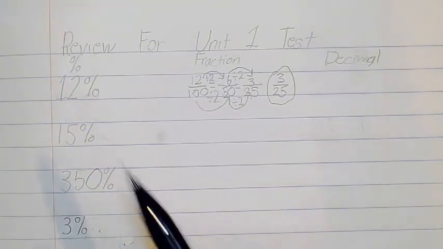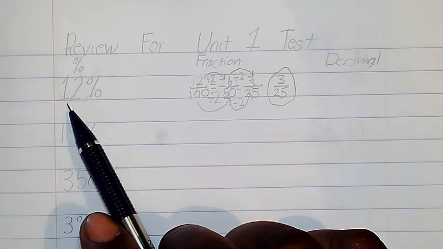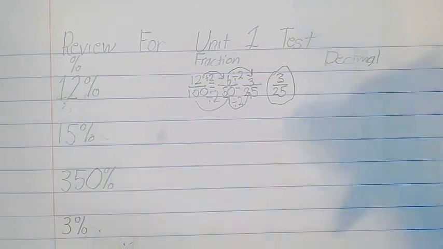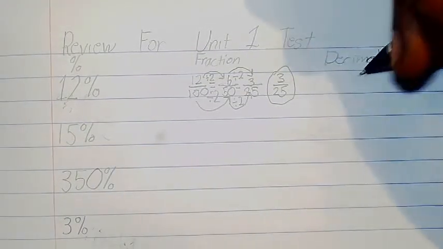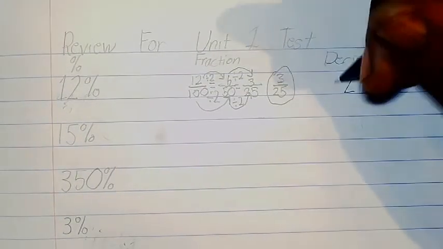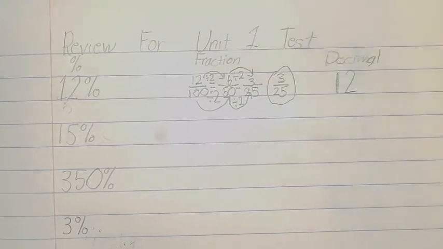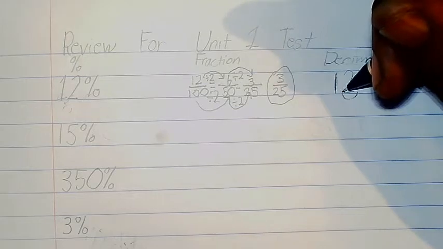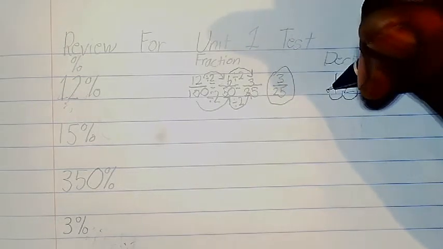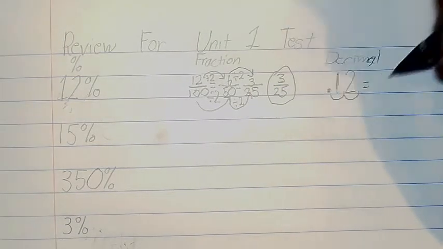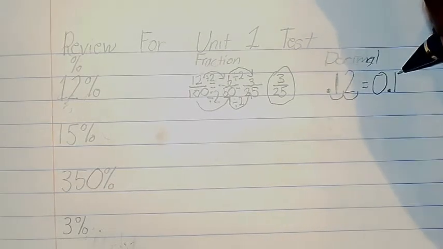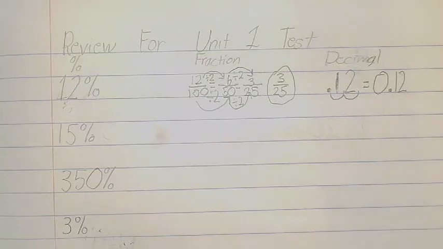And of course, if we're changing this percent to a decimal, we just move the decimal point 2 places. So here I'm going to write 12, and I'm moving the decimal point 2 places to the left. 1, 2. So that's going to equal 0 and 12 hundredths as a decimal.